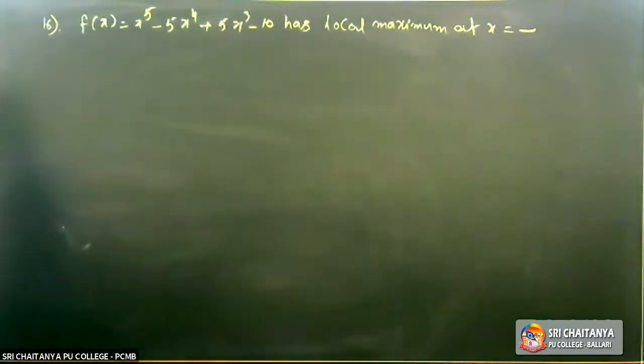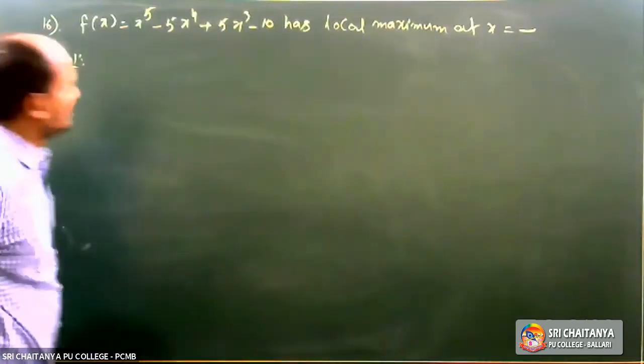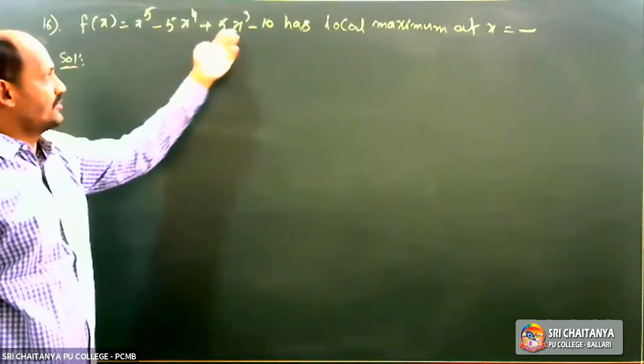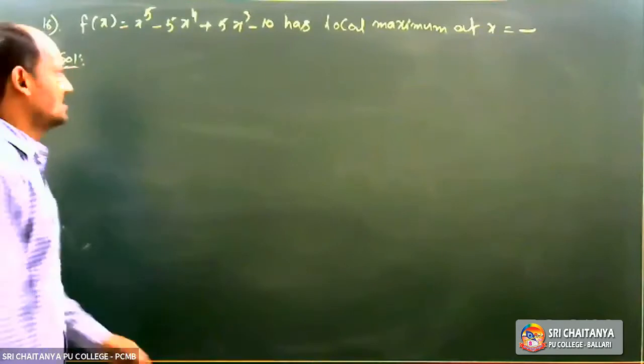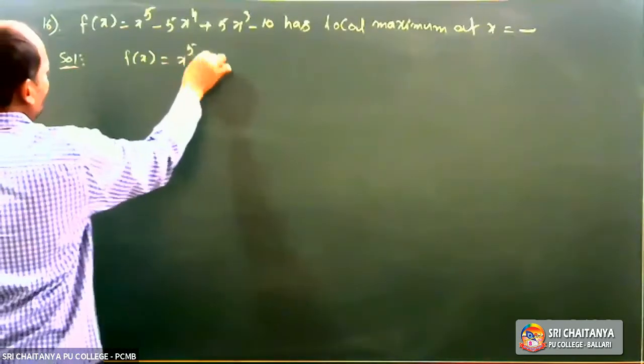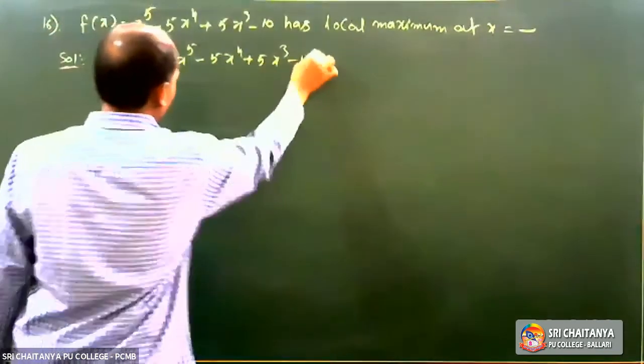So this function has a maximum at x equal to what? F of x is x power 5 minus 5x power 4 plus 5x cube minus 10.